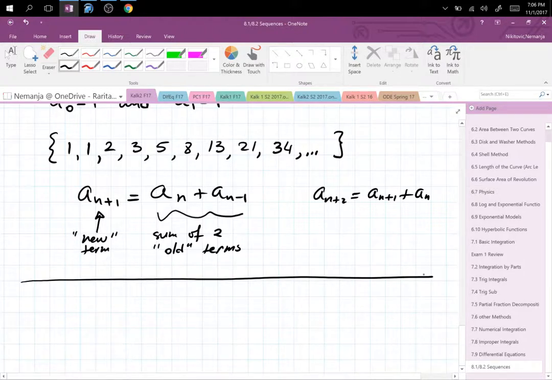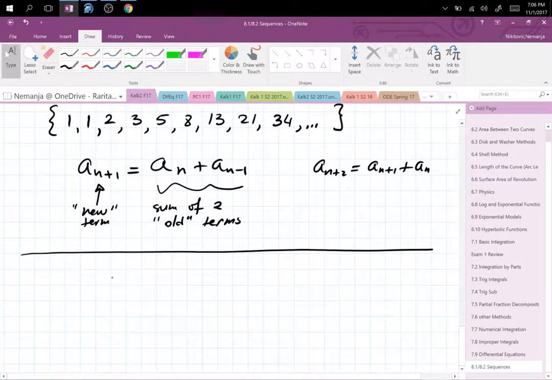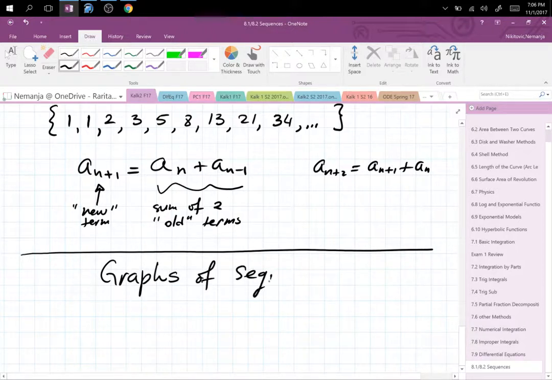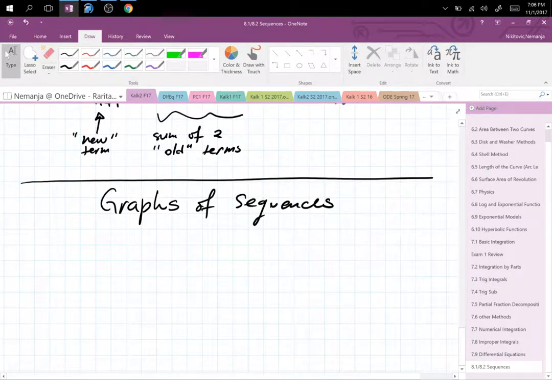Now, let's graph these. Graphs of sequences. So, let's start with the simplest. Well, that's not the simplest sequence. The simplest sequence is probably just a n equal to 1.